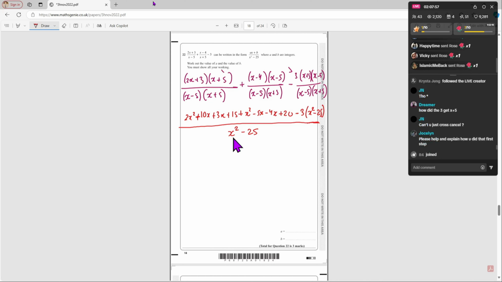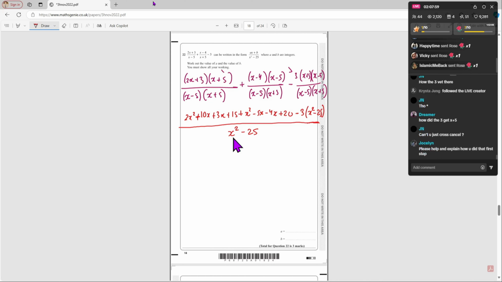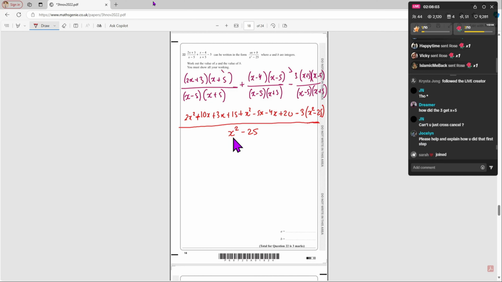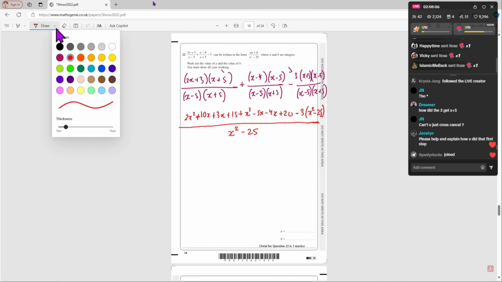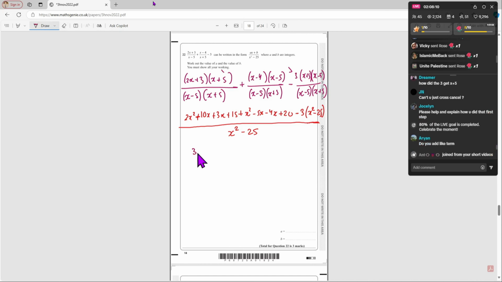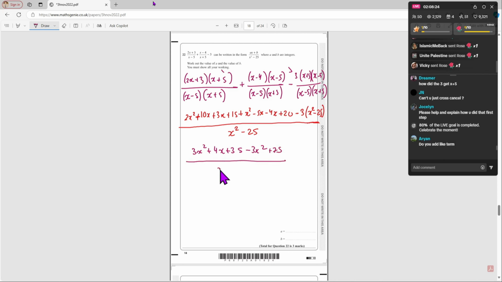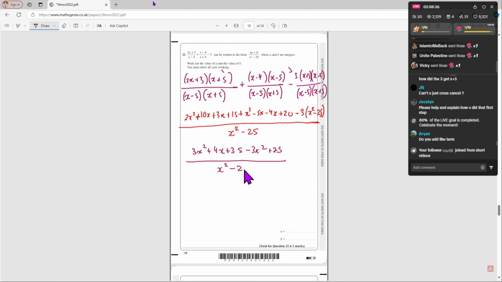Now, once you have done that, the most logical thing to do is simplify the numerator. It's going to be 3x squared plus 4x plus 35 minus 3x squared plus 75, over x squared minus 25.